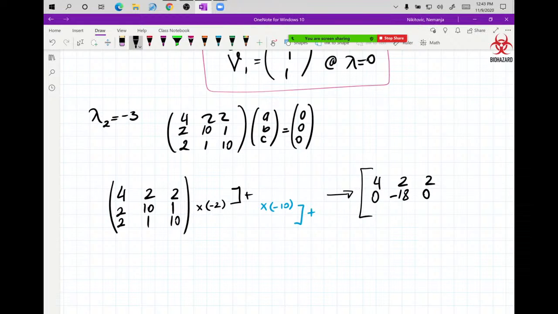And then the bottom one is times 10 on the second row combined with the bottom. Okay, so times 10, that gives me -20, so gives me -18 over here. And then the second row times -10, that's -100. -100 plus 1 is -99. And then we have -10, then we have a 0 here.